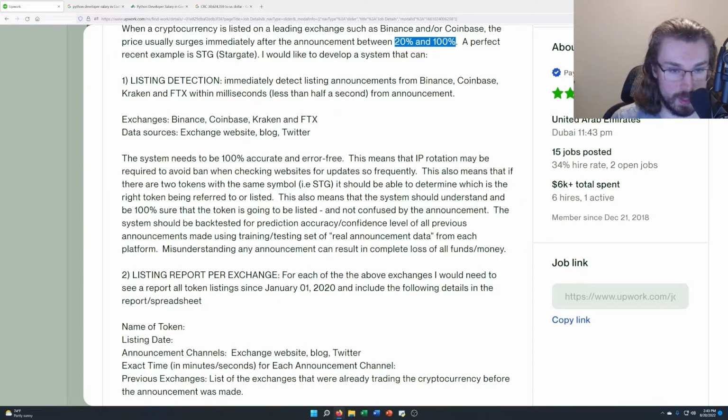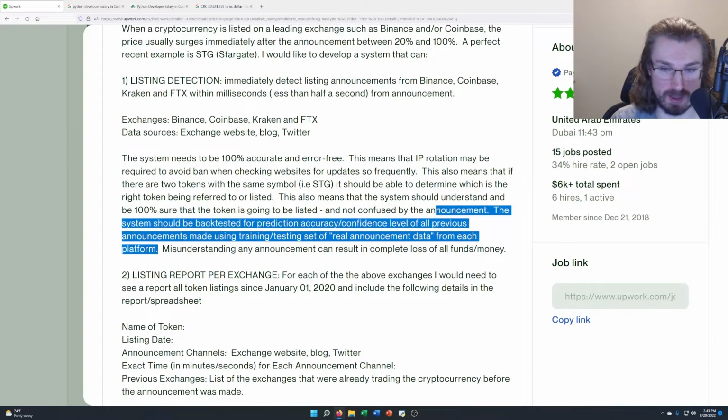The system should be back tested for prediction accuracy / confidence level of all previous announcements made using a training/test set of real announcement data from each platform. So they're saying back test this algorithm to see if it can accurately predict this. So this would mean that they would have to have these news articles and then apply the entity recognition and everything else I've said and see how well it does on past coin offerings.